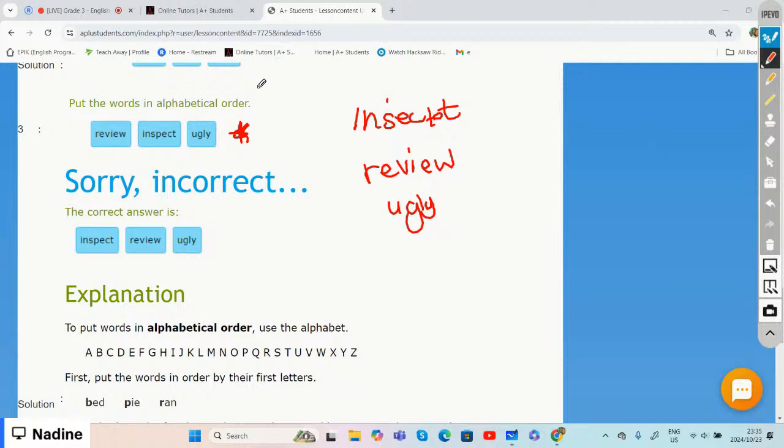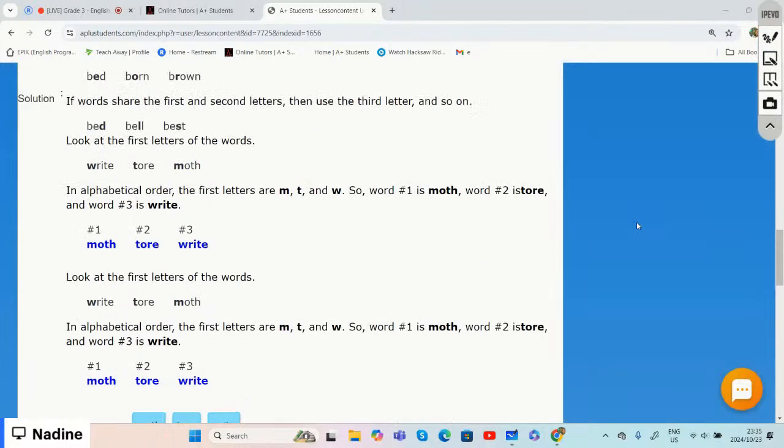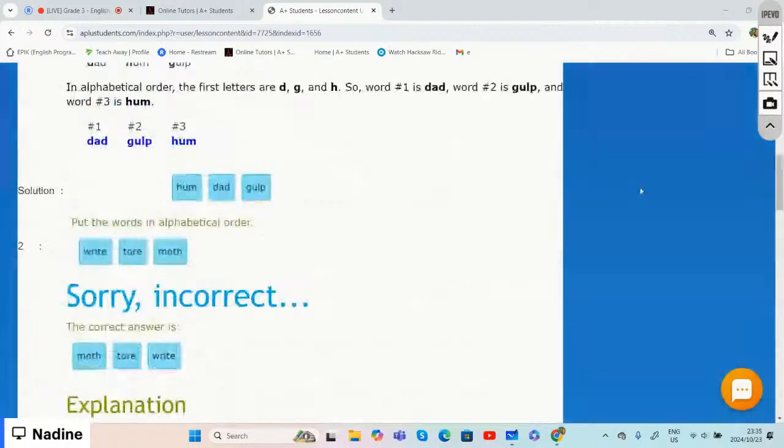So inspect, review, ugly. And even if you were to look at the words alphabetically, then yes, it is in order. All right, so now we're going to our test.